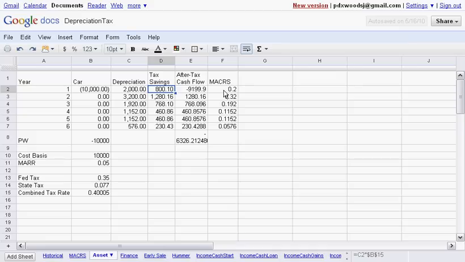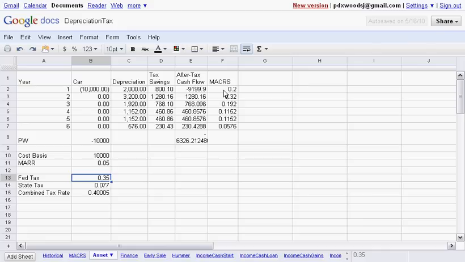Even though it is this weird expense that doesn't represent a check that gets sent to anyone else, it still represents an expense which reduces your taxable income. So the idea is that you can take that depreciation expense and say, this is how much my taxable income will fall by.